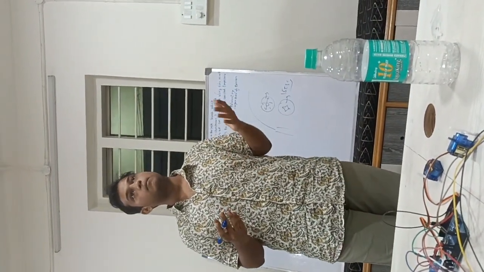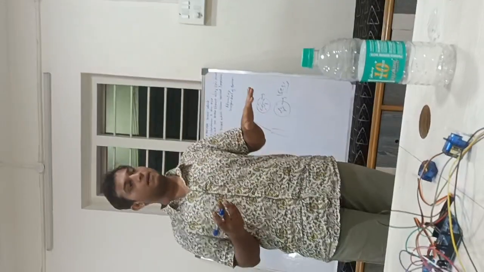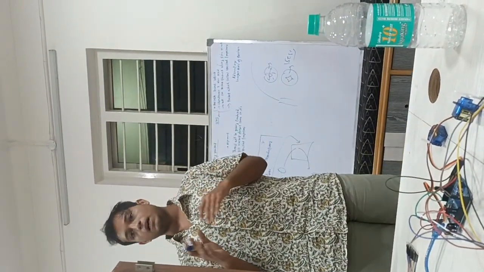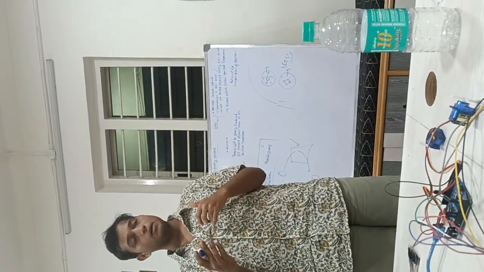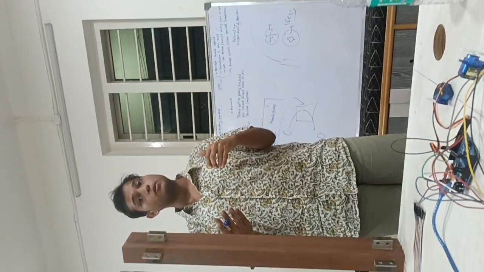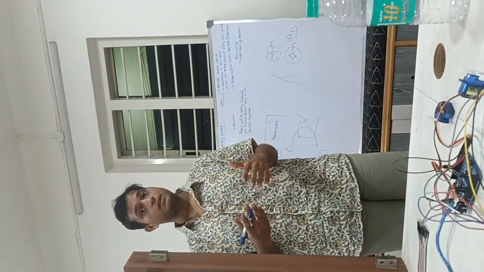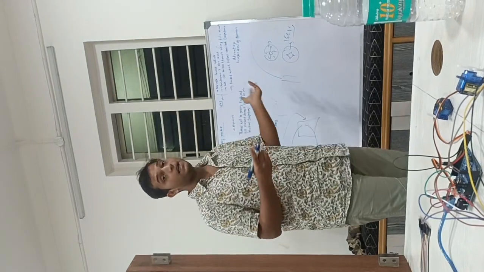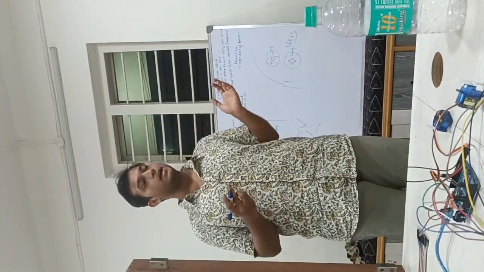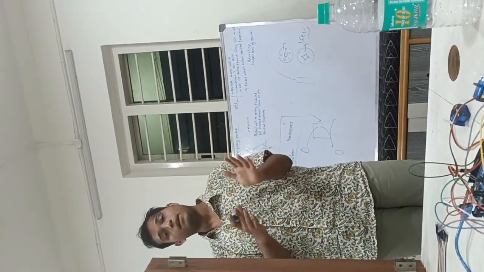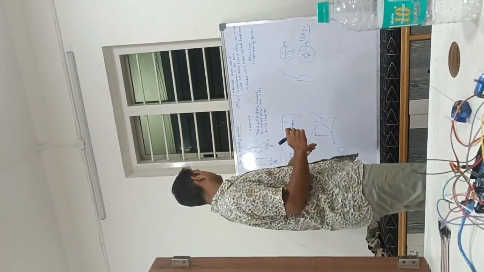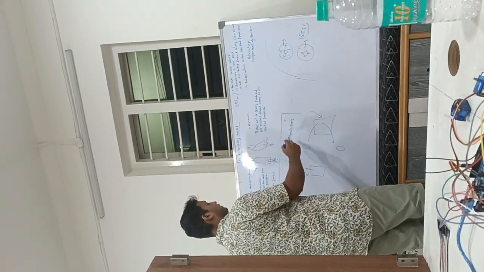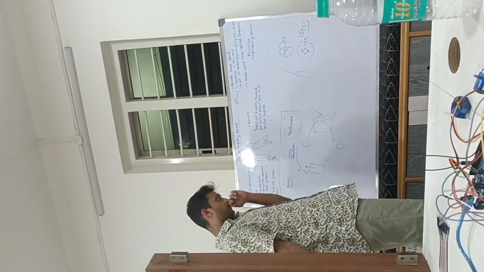In that time phase, we can't give instructions to the rocket. So the rocket should take instructions on its own. That's why we use the PID controller, so that the rocket takes decisions on its own.